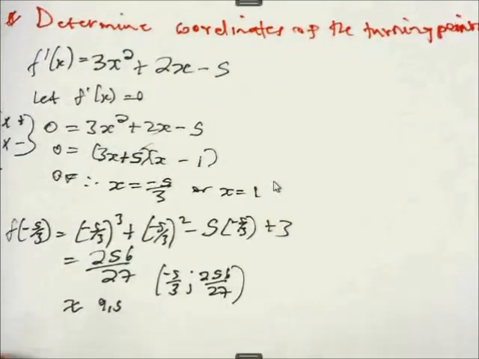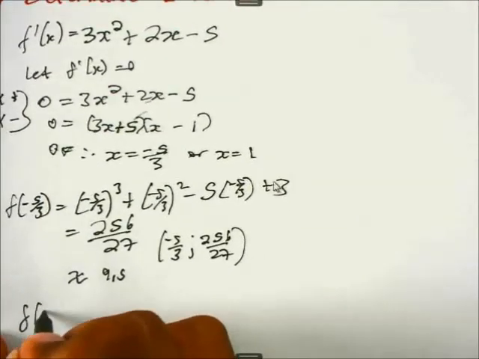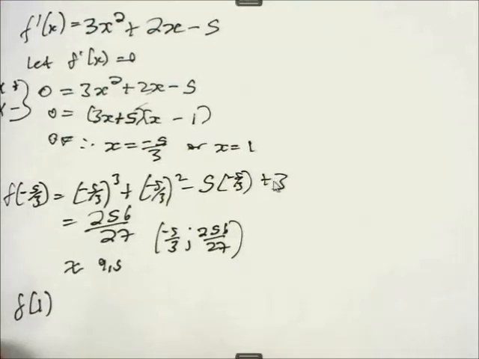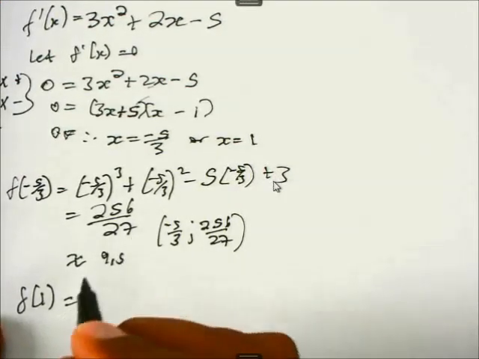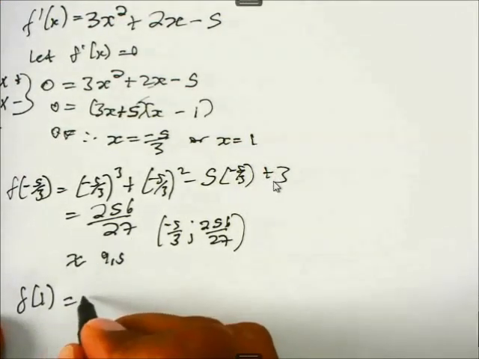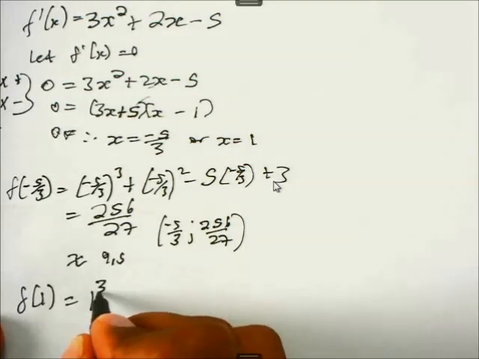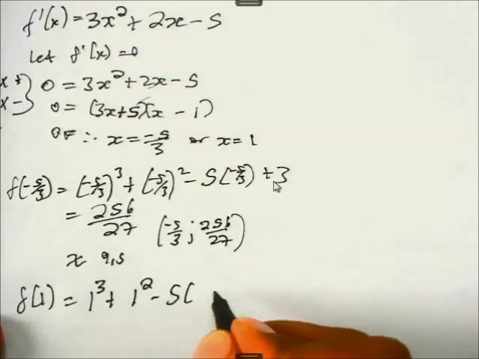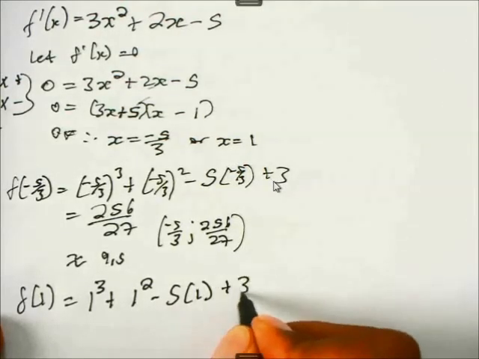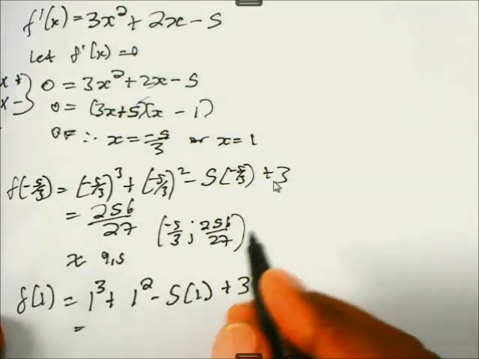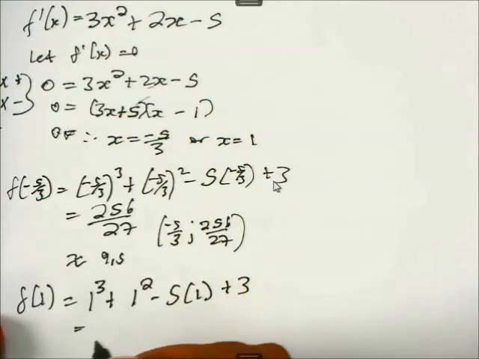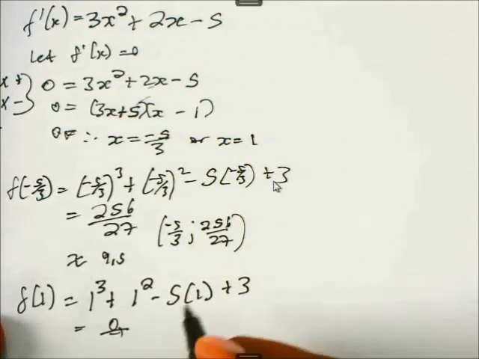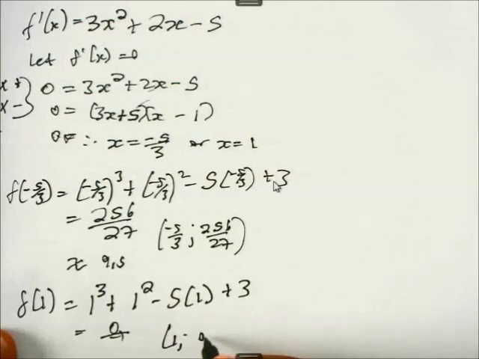The second one, of course, we take f, wherever we see x, we substitute it by 1. And now we are going to have 1 to the exponent of 3 plus 1 squared minus 5 times 1, and then plus 3. That is 1 plus 1 is 2 plus 3 is 5. 5 minus 5 is 0. Then the coordinates there will be 1, 0.